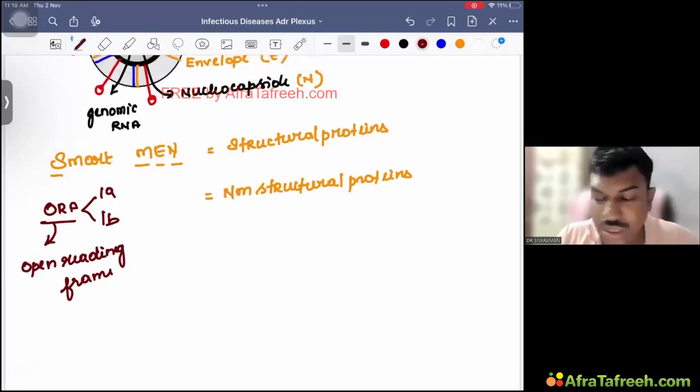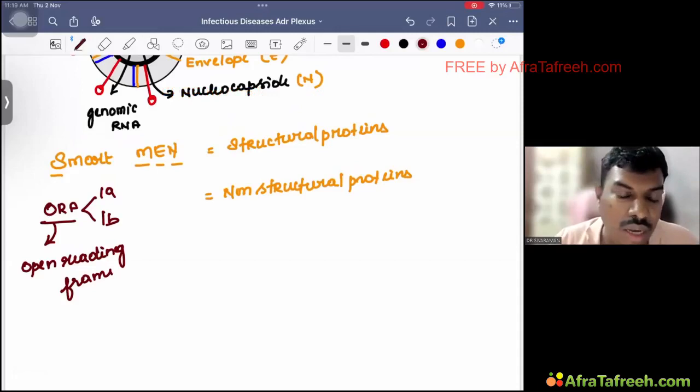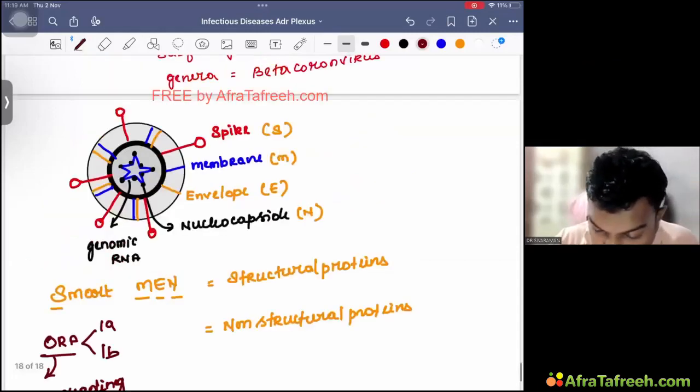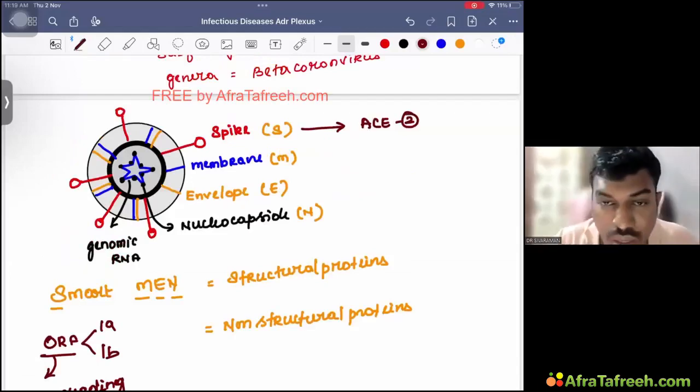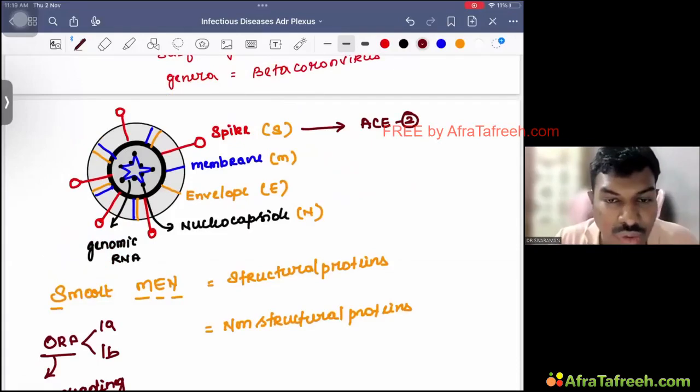This is very important for your understanding of the virus, because these have specific roles. The spike protein attaches to the receptor in the human cells in the alveoli called ACE2, angiotensin converting enzyme 2.